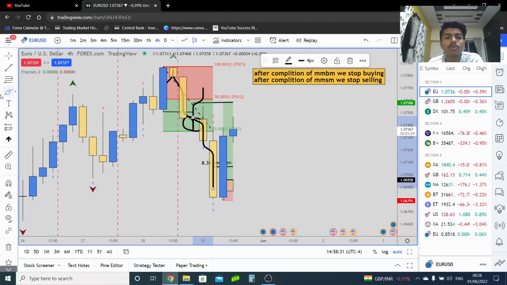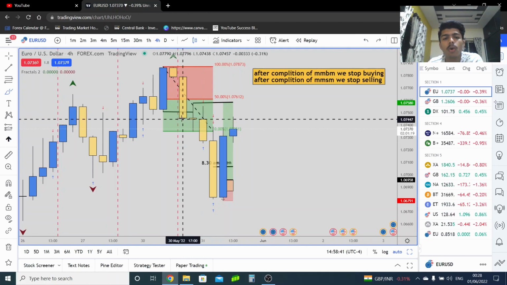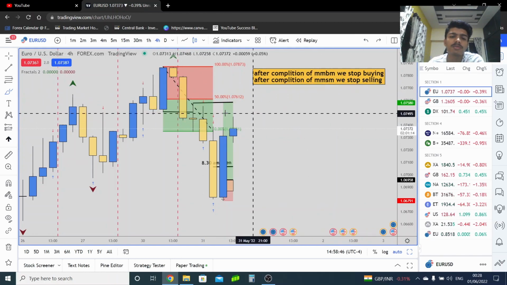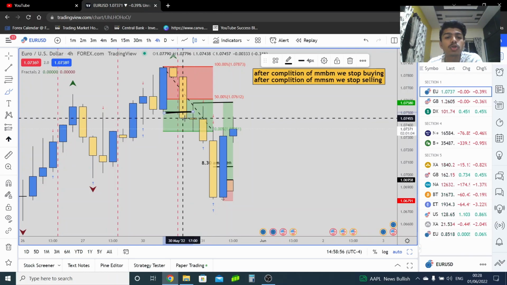You are not going to participate in the sells, because once the market maker sell model is complete, you are still in the discount area. The reason to stop selling after the market maker sell model is complete is that you are still in discount. When you are in discount, you are not supposed to sell, you are supposed to buy.